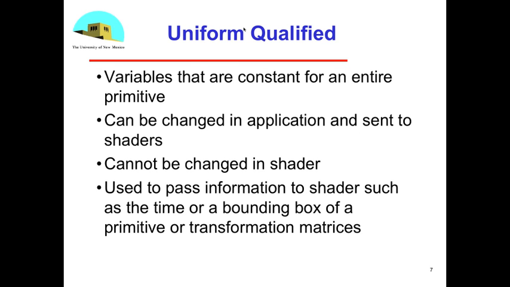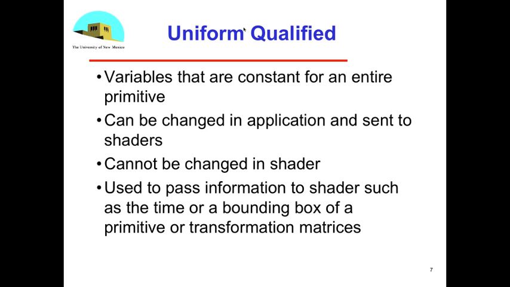Now, the attribute qualified variables, we said, can change on a vertex by vertex basis, because it says attribute qualified, and that kind of says, oh, that's for this particular invocation of the vertex shader. Now, what about things that are the same for the entire primitive? What if we want to assign a color that's not going to be changed for the entire triangle, say, or a temperature that's not changed?